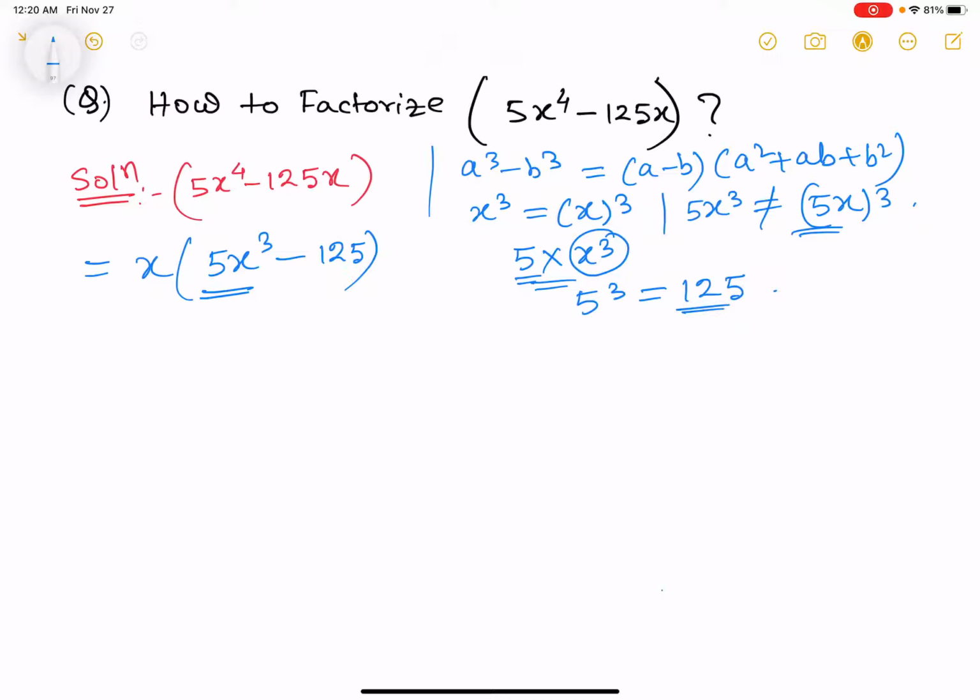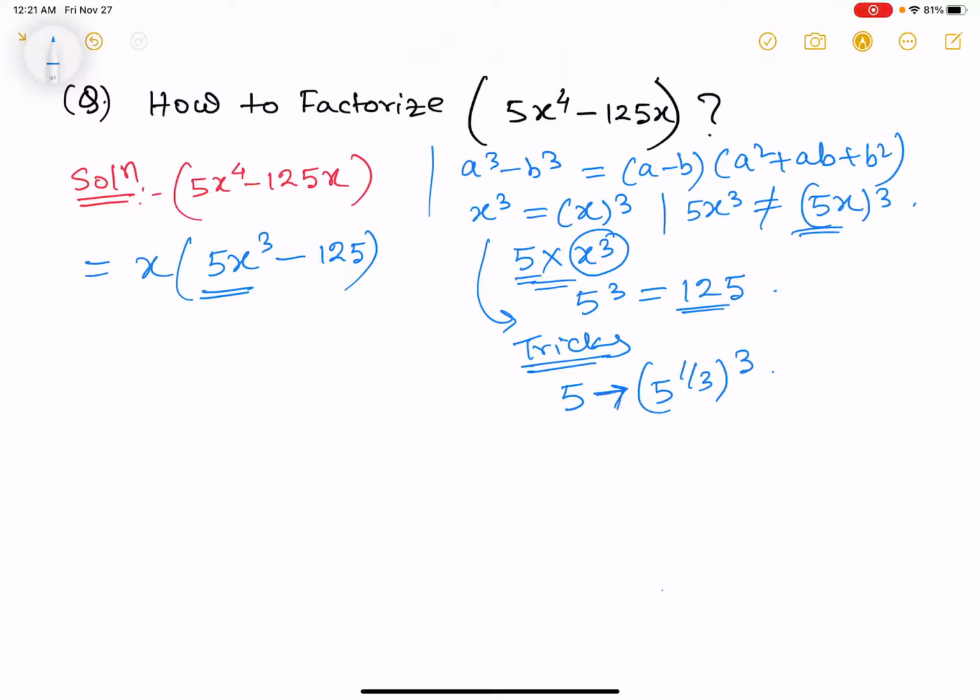That's clear. So now we construct the a cube term. How do we construct this a cube term? We apply a simple trick here. This 5 we can write as 5 to the power 1/3 to the power whole cube. So these three and these three cancel, it is 5, also 5.